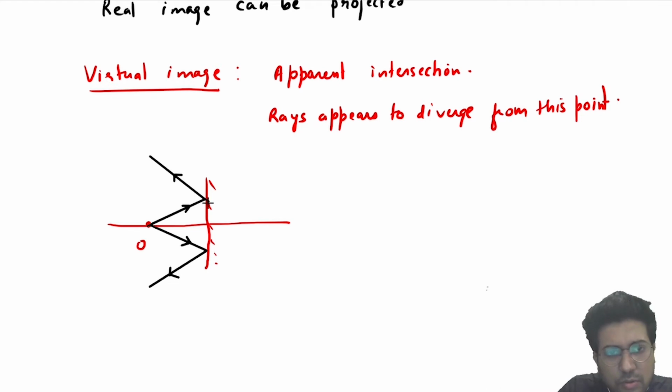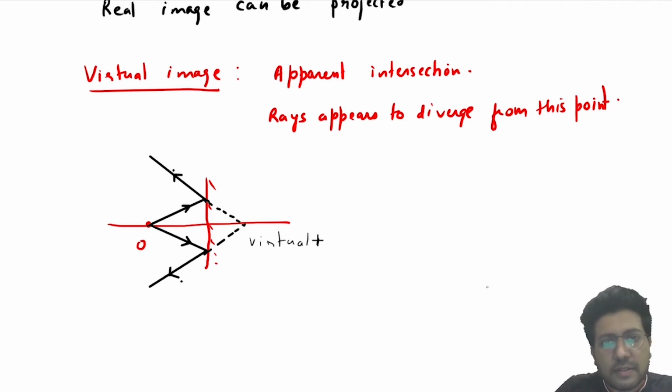So these two reflected rays cannot intersect here, but they will intersect somewhere behind. Okay. So this point is the virtual image because it is behind the mirror. In a virtual image, there is no actual intersection here, and light appears to diverge from this point. You can clearly see that light appears to diverge from this point.